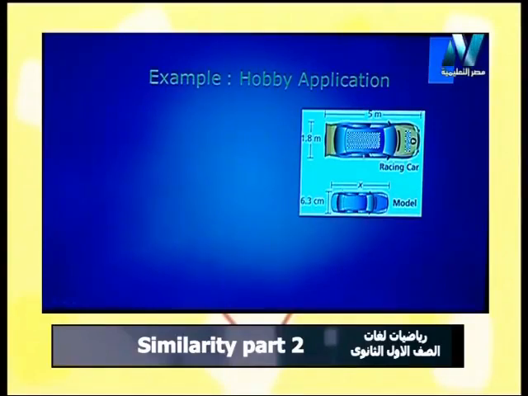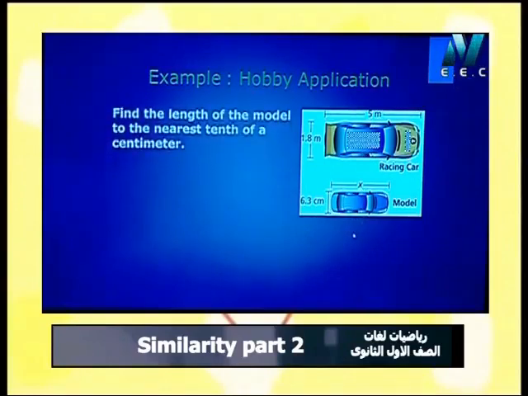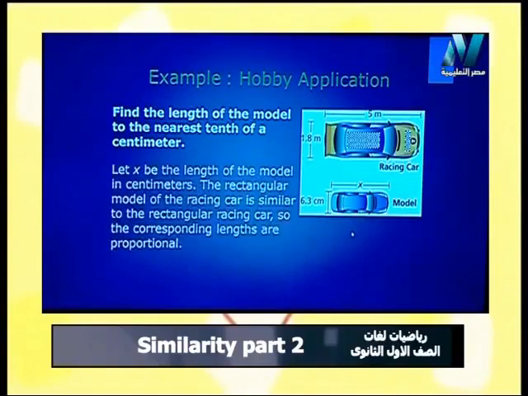Because of similarity, we will try to find the value of x. Find the length of the model to the nearest tenth of a centimeter. Let x be the length of the model in centimeters. The rectangular model is similar to the rectangular racing car, so the corresponding lengths are proportional.